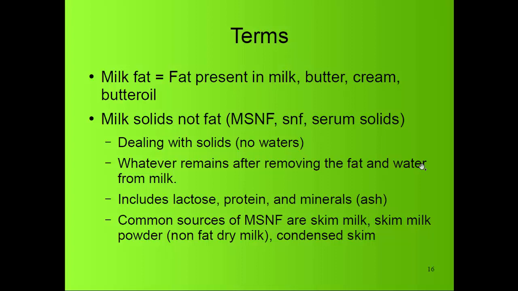And minerals or ash, it's what's left over after you burn everything else away. It's in essence the minerals that are left. So some common sources of milk solids not fat are skim milk powder, or non-fat dry milk, or condensed milk.